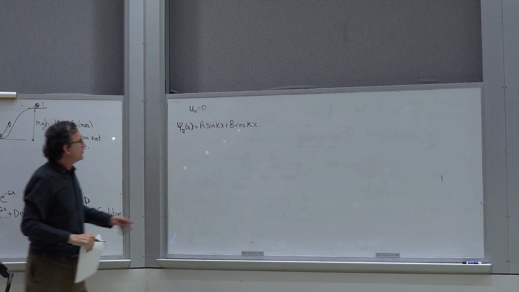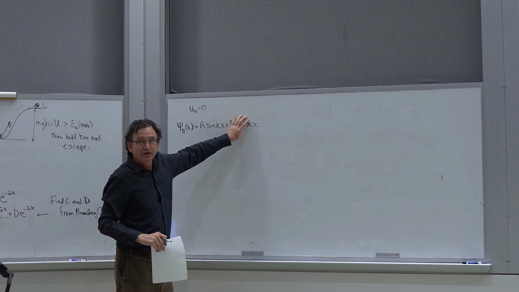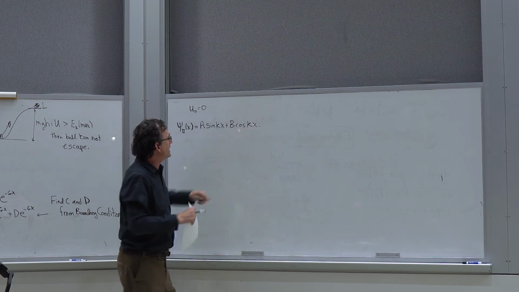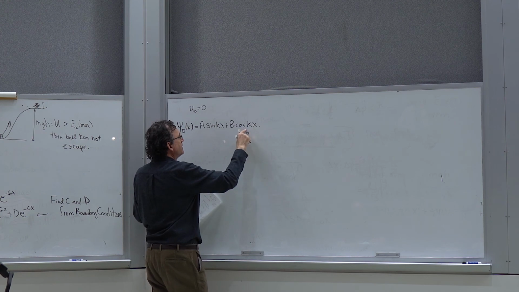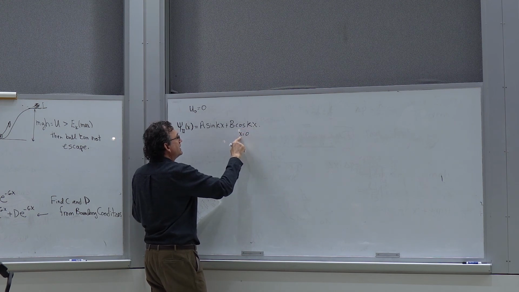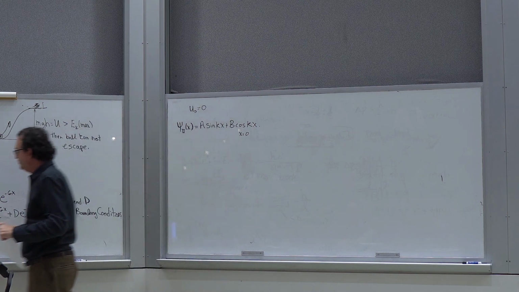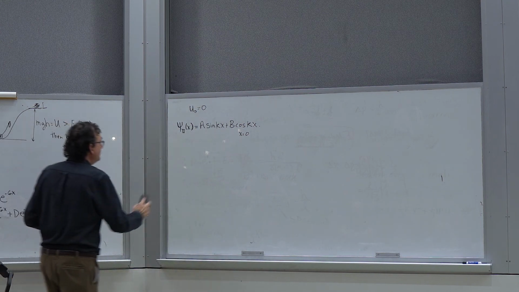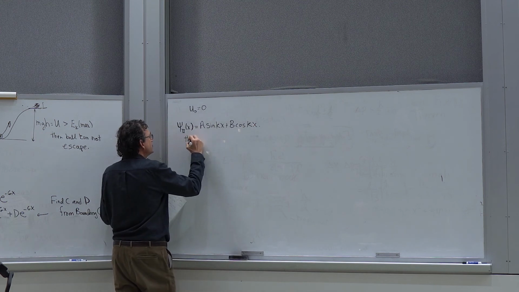Thank you. So remember we had this solution before, but we threw away this term because at x equals 0 the wave function had to go to 0, but the only way that could happen is if b was equal to 0. Now we are no longer requiring that, so the wave function does not have to vanish.